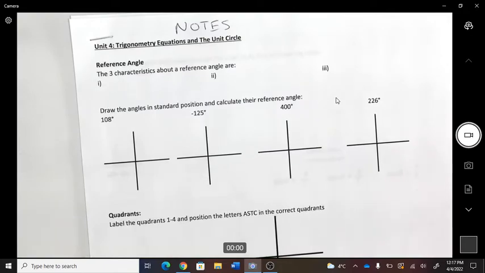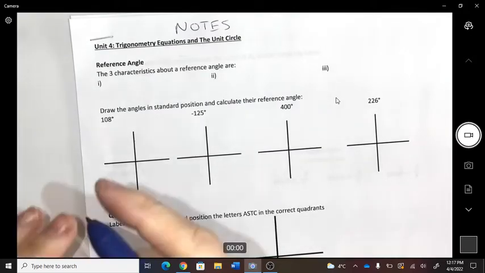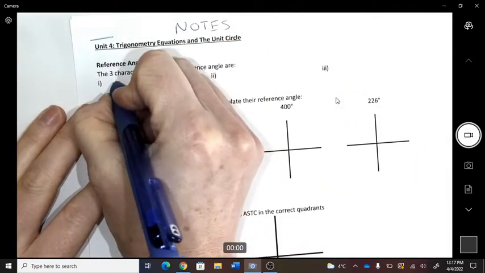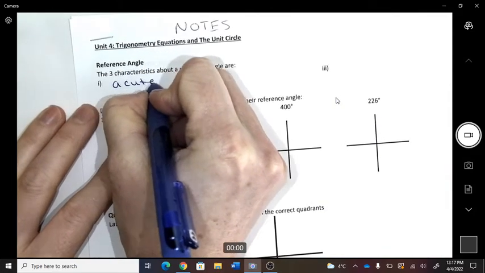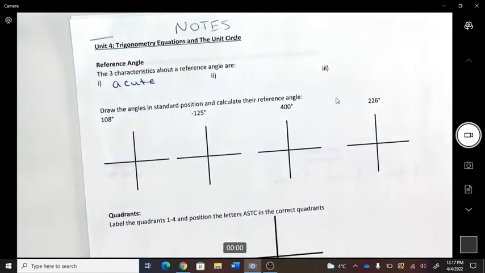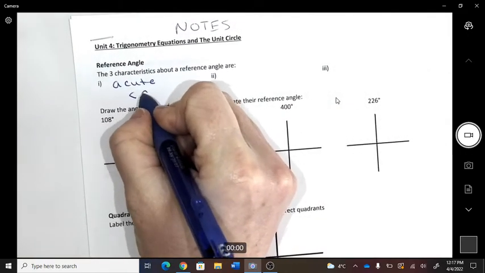Okay, so here's what we know about reference angles. They're always, and I'm going to write this math word, acute. Do you know what an angle is if it's acute? Smaller than 90.